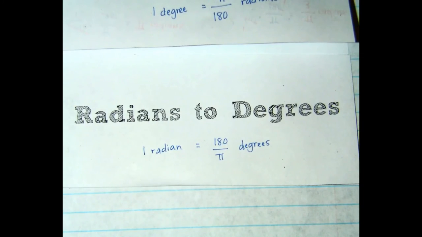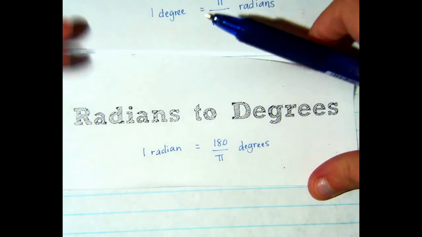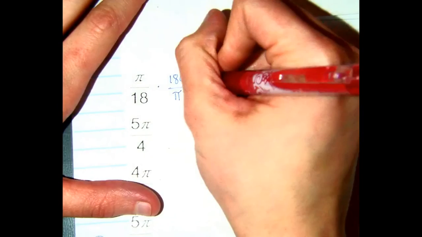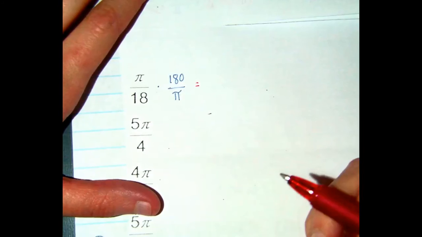Alright, let's open that and do an example with that. So, with the first one, we are going to multiply by 180 over pi. What happens with pi and pi?